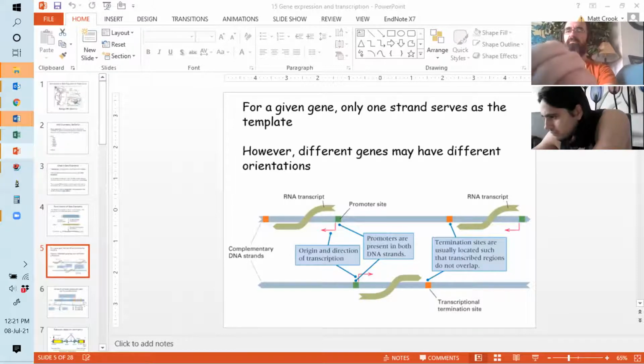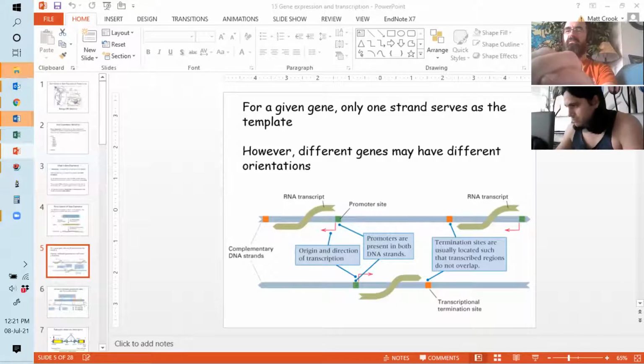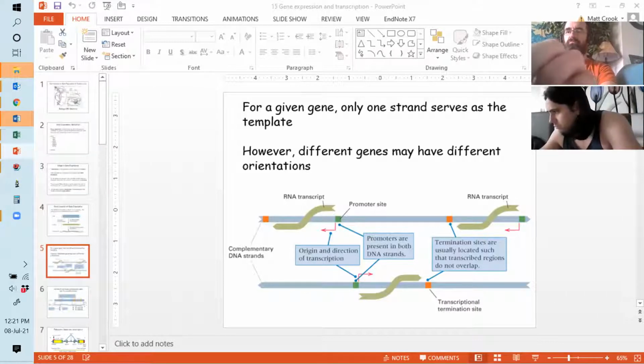So it's bidirectional. So each strand. So that's basically what I was saying earlier, Dipper.